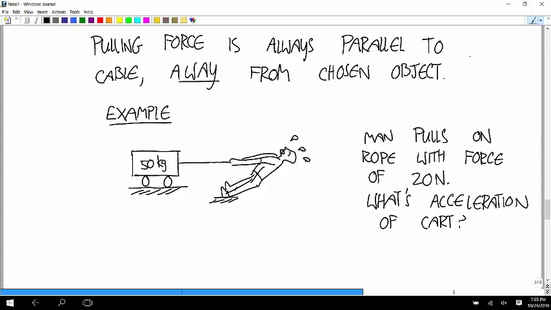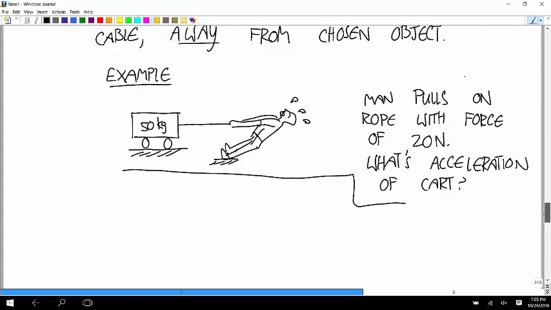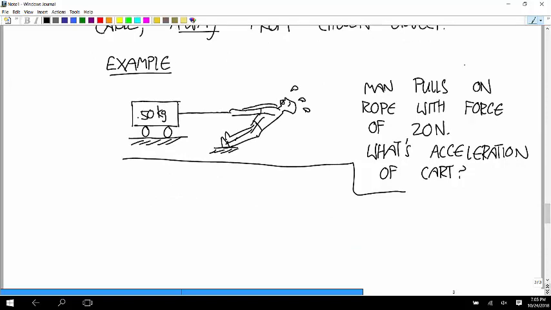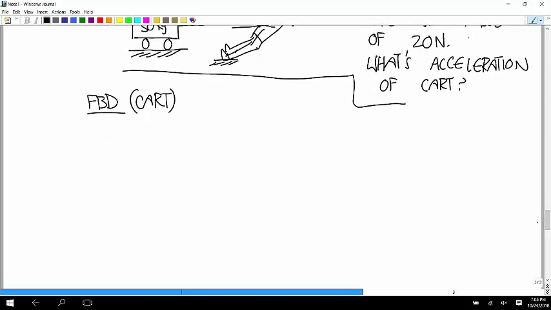Well, he probably shouldn't be working that hard, because that's something like 4.5 pounds of force that he's applying. But we want to isolate the cart. So draw a free body diagram of the cart. Now we'll go through the forces. There's a weight force acting down. That's 50 times 9.81, so that's 490.5 newtons.